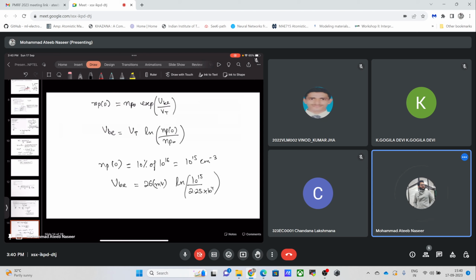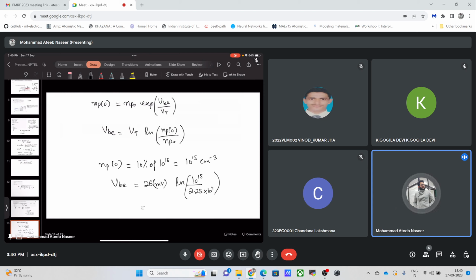Okay, so let's solve this. It would simply be 10 divided by 2.25, which is 4.44, so 4.44 ln of 4.44 into 10 to the power of 10, into 26 divided by 1000.